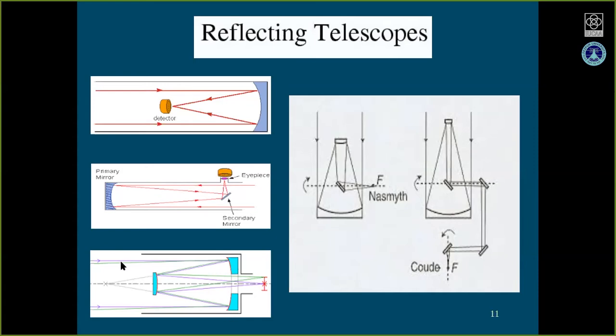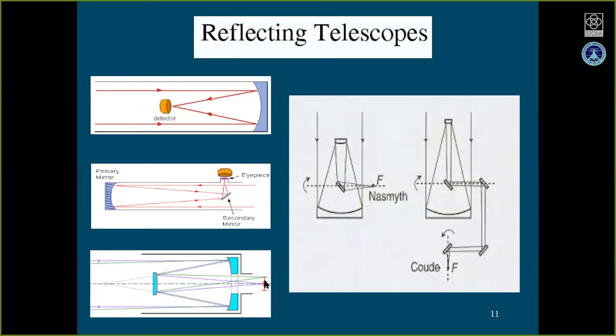Rays are incident on the primary mirror, reflected back by the primary mirror, then reflected again by the secondary mirror, and the rays will meet at the focal plane. The focal length of this focal plane will be the equivalent focal length of the primary and secondary, given by 1/f = 1/f1 + 1/f2, right?